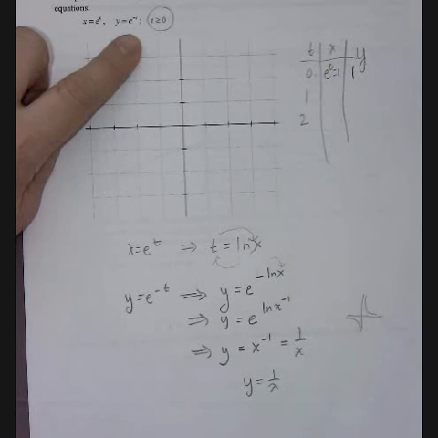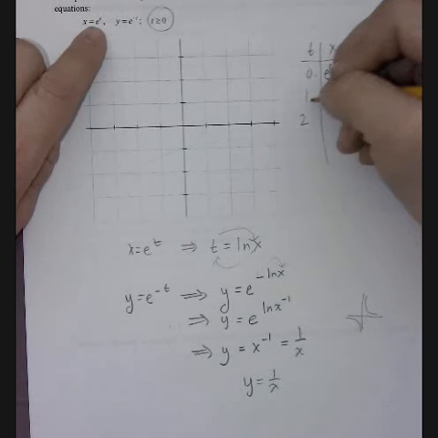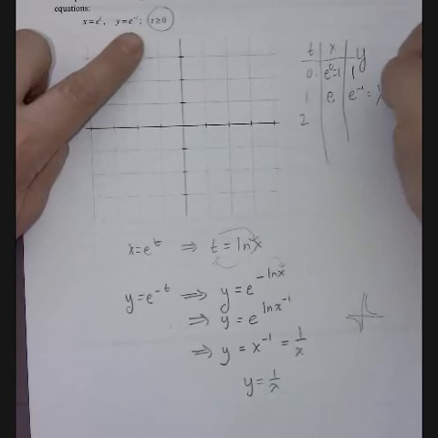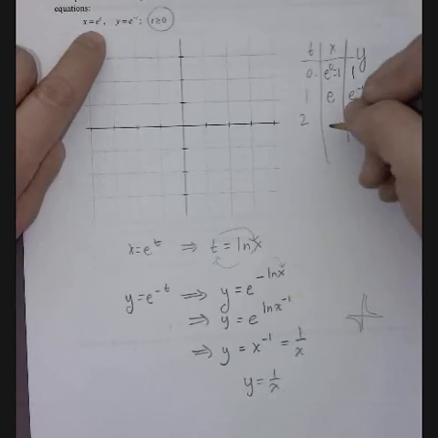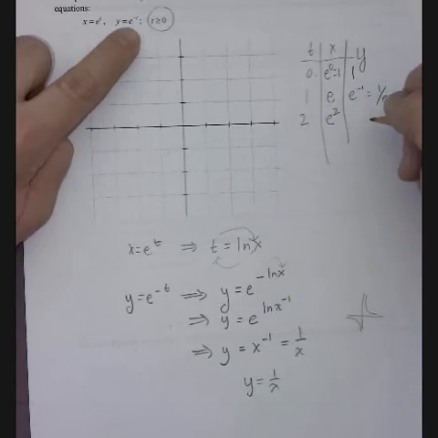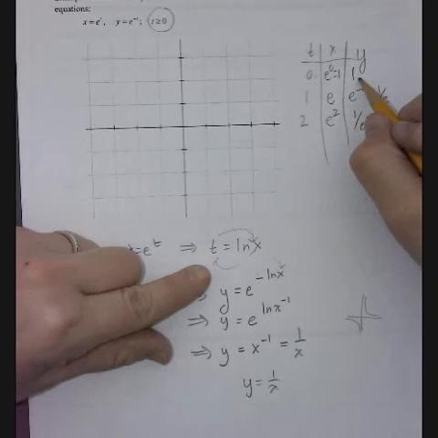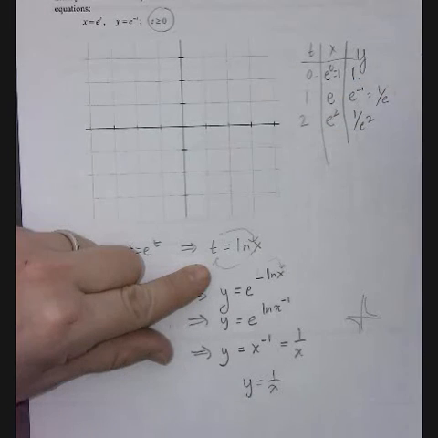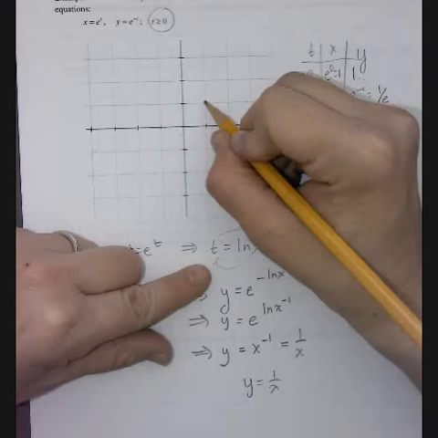When t is 1, we'd get e and then e to the -1, or 1 over e. And then when t is 2, we'd get e squared, and then this would be e to the -2, or 1 over e squared. So 1, 1 is our initial point.